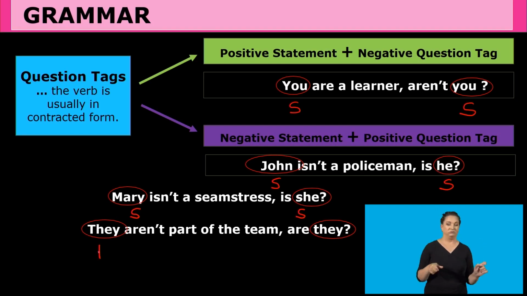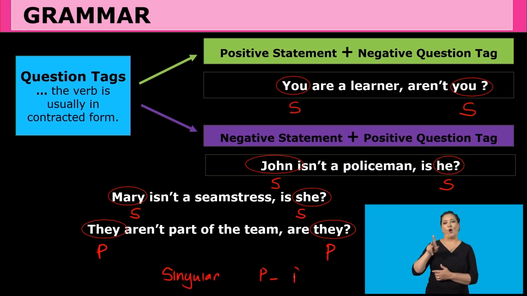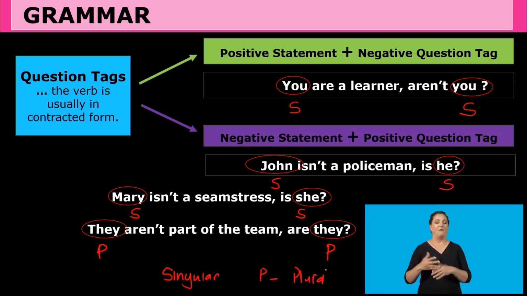Now here we have a plural pronoun, and then we follow through with a plural pronoun here. So remember, where S is your singular, all right? And then P will be for plural. And my pen is not doing what it must do, and there we go, all right?